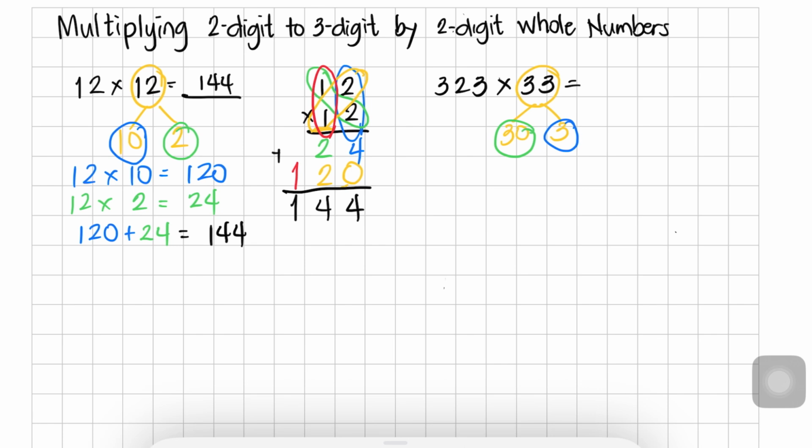So start with 3. 323 times 3 would be 969. And then the other one, I'll use green, so 323 times 30.